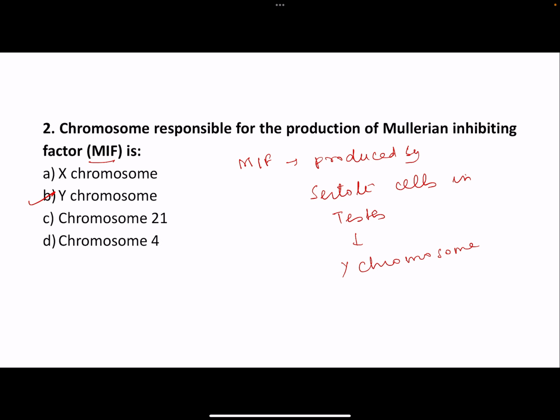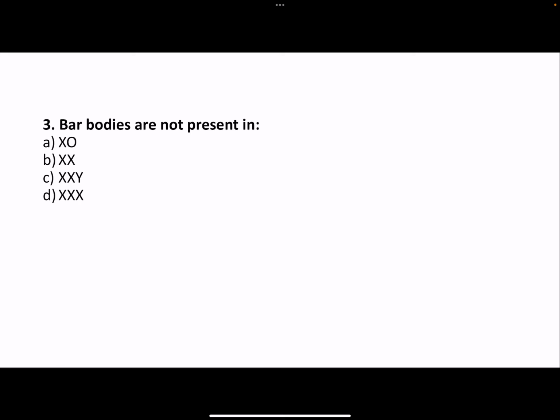Now coming to the third question, bar bodies are not present in. So how do we calculate the bar bodies and how can we say that bar bodies are present or not? What happens is the extra X chromosome besides one, it condenses to form the bar body.